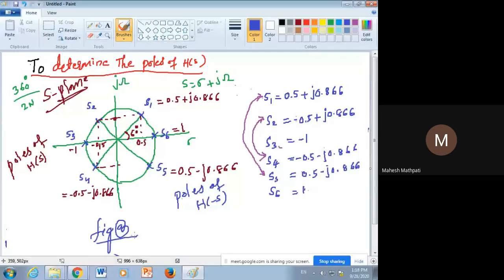Understood how the root values are located on the S plane? Yes, sir. Any difficulty in understanding this? No, sir. Okay, can I move further?